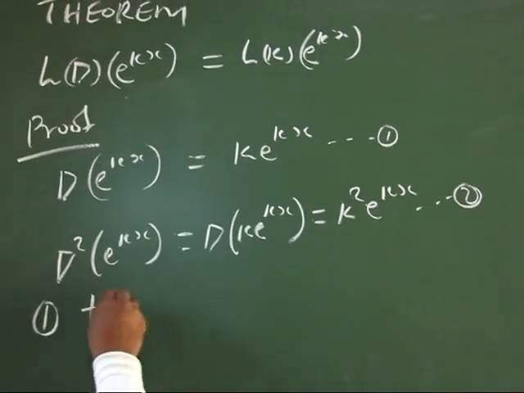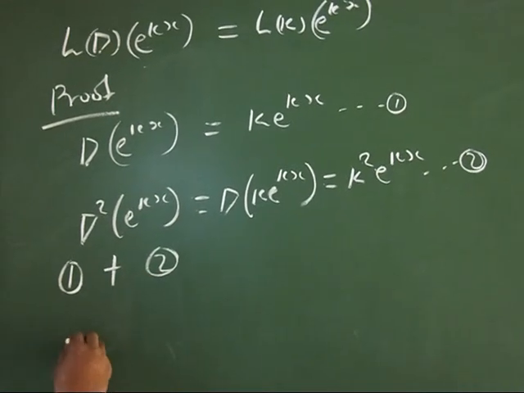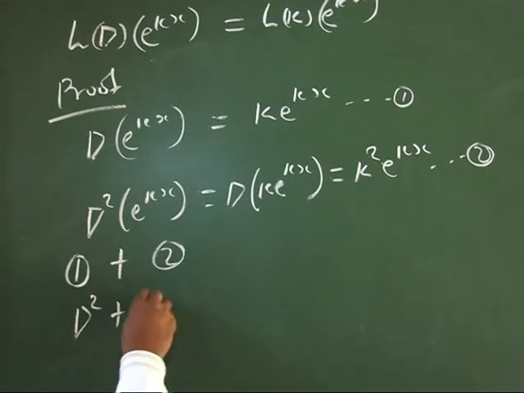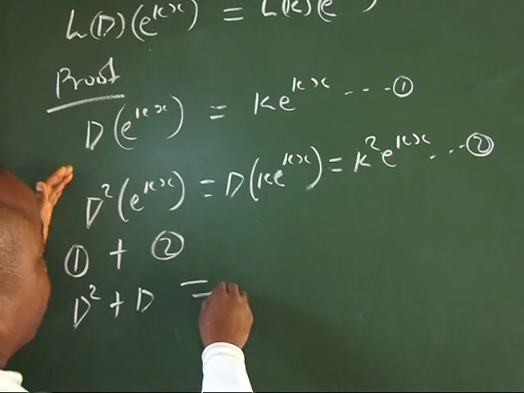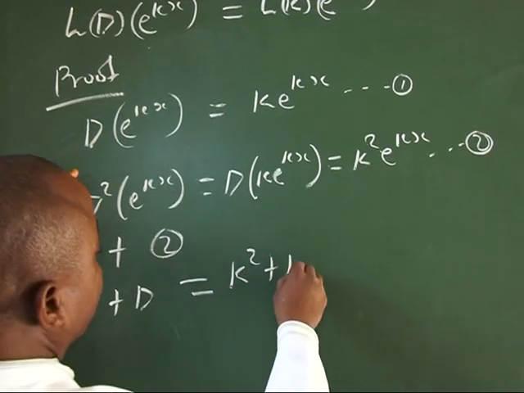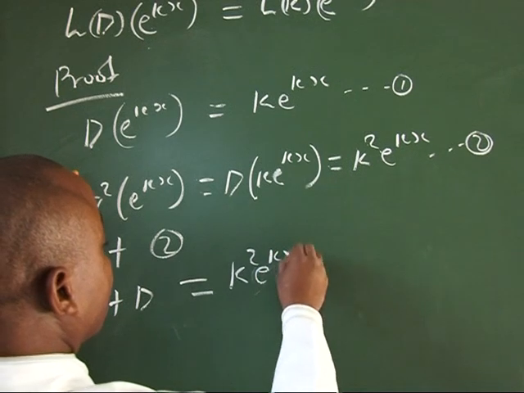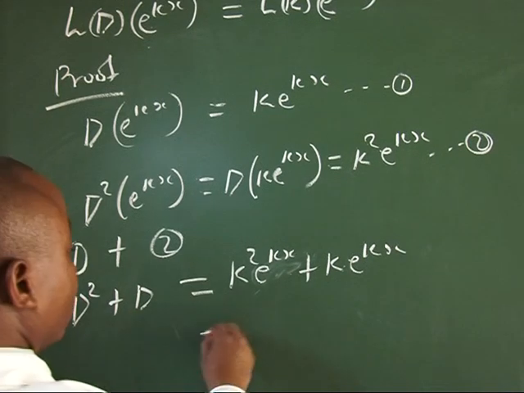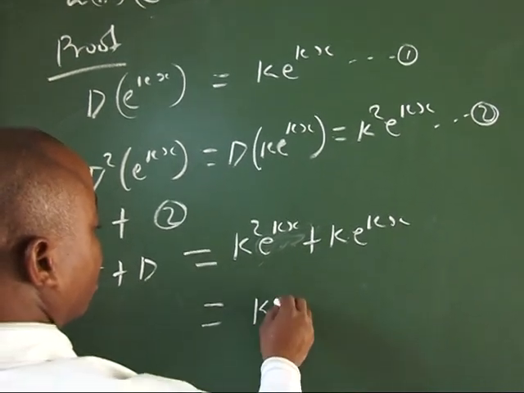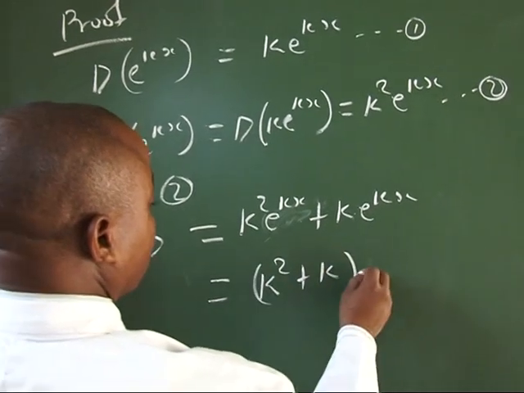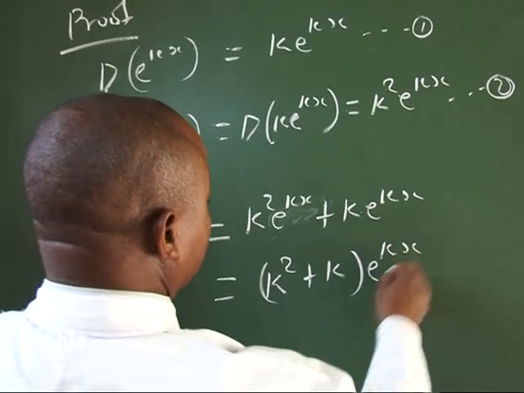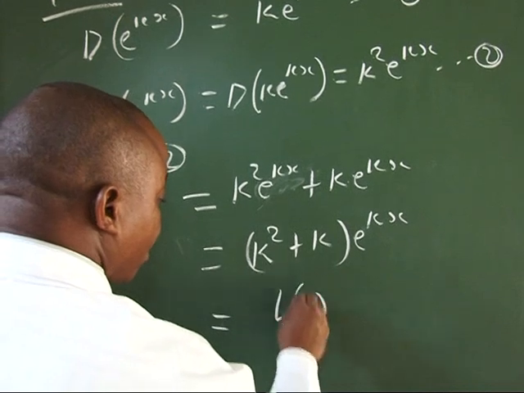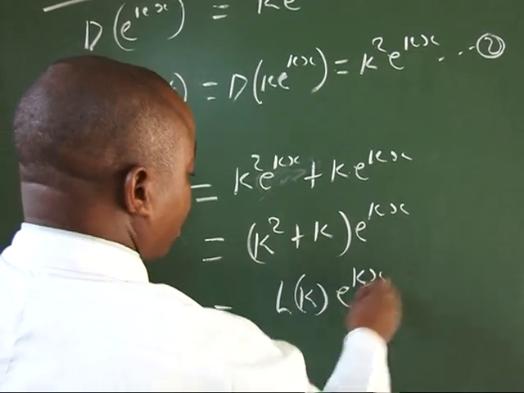Now, 1 plus 2 will give us, or even you say 2 plus 1, still the same, d squared plus d for this side, which is equal to k squared exponential kx plus k exponential kx. Of course, we can write this as k squared plus k exponential kx, which is the same as L(k) exponential kx.